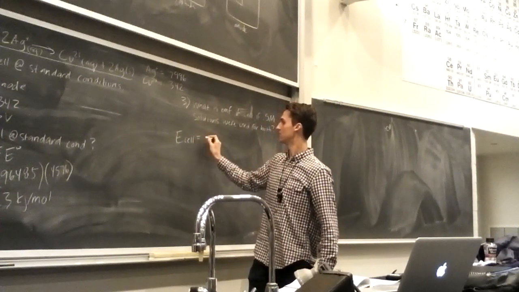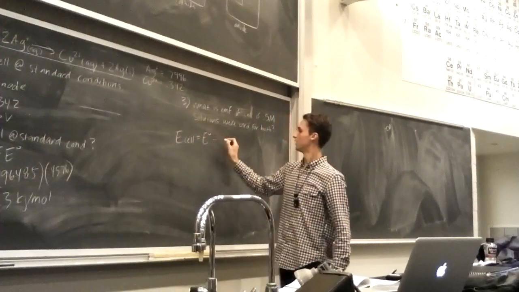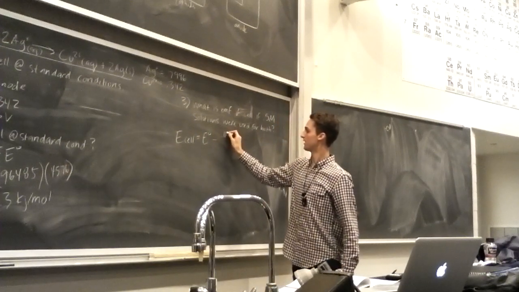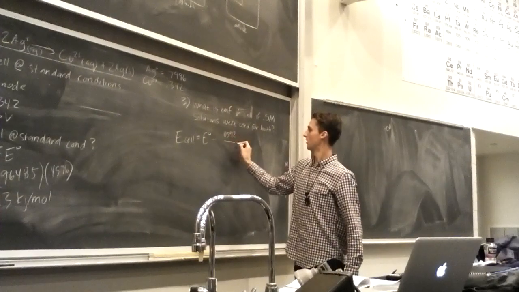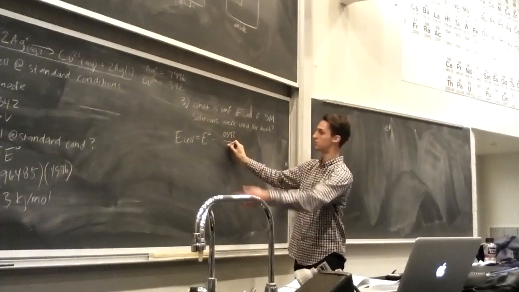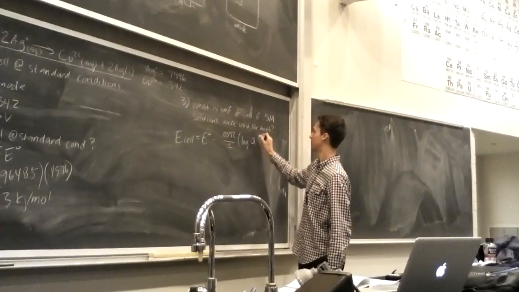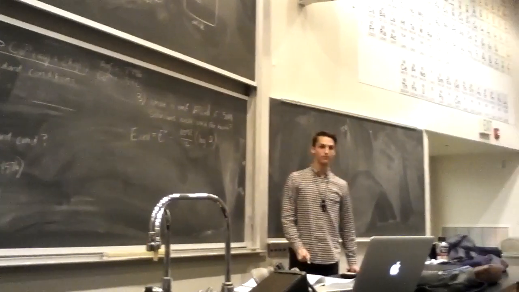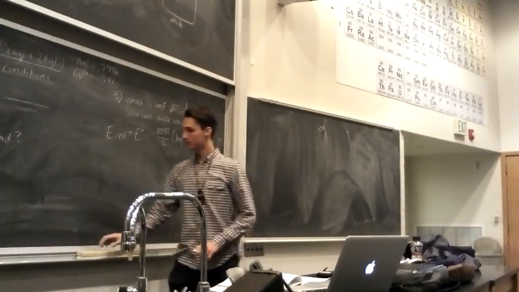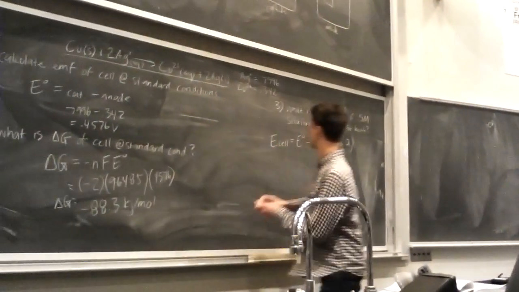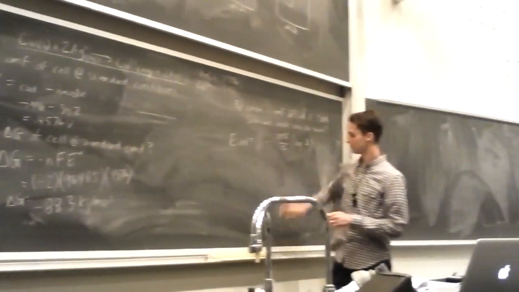You have E cell equals E naught minus 0.0592 over n, which we already knew was 2, times the log of Q. So, we know our E naught was 0.4576, so I'm just going to fill that in.